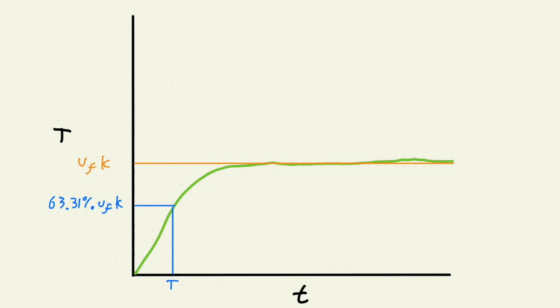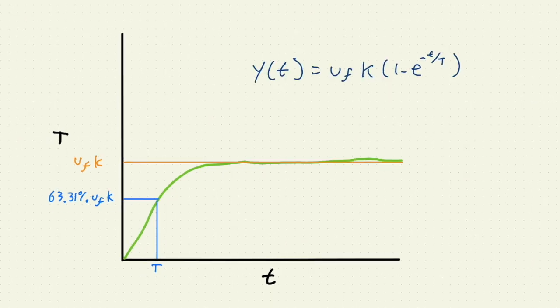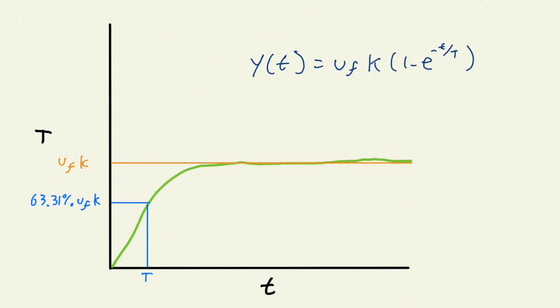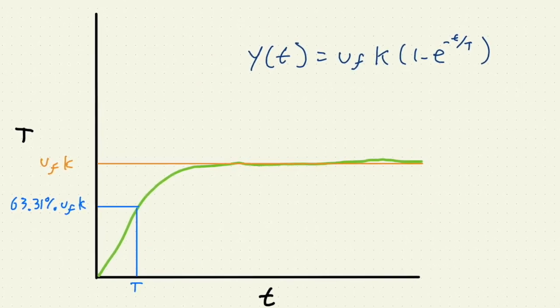We measure that equilibrium and we solve for k if we know the uf parameter. And for the time constant t, we measure when the system reaches 63.31% of its final value, and we measure the time where it reaches that percentage in order to find the t constant. Good news, we finally have all the parameters to describe the first order model.